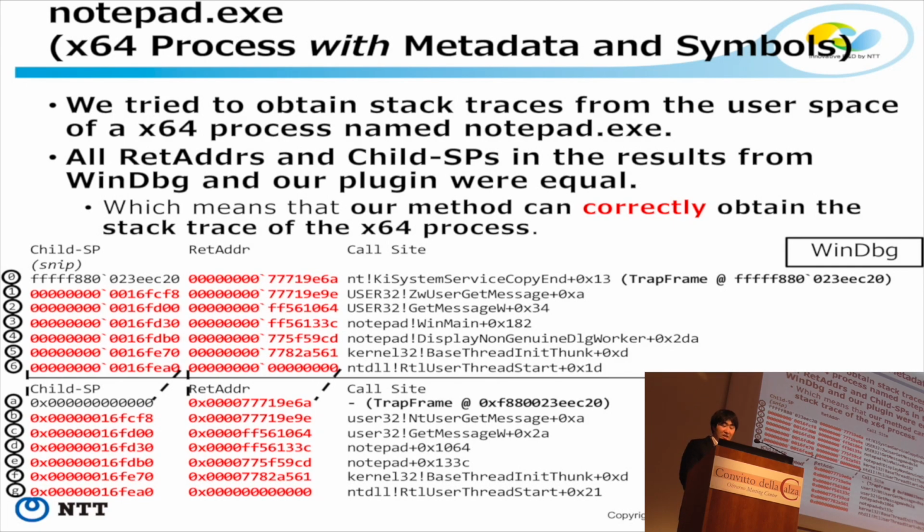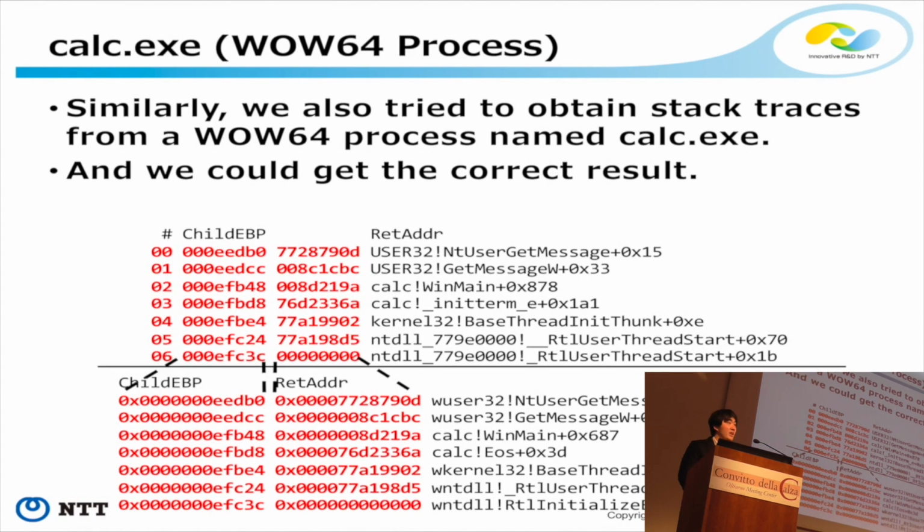This result shows all return addresses and child SPs in the results from WinDbg and our plugin are equivalent, which means that our method could correctly obtain the stack trace of the x64 process. Similarly, we also tried to obtain stack traces from a WOW64 process named calc. And we could get the correct result also.